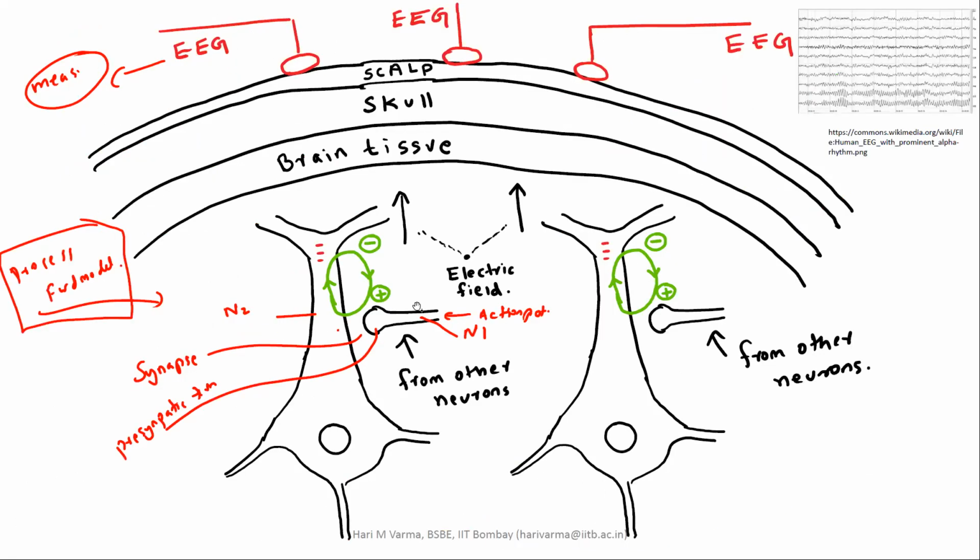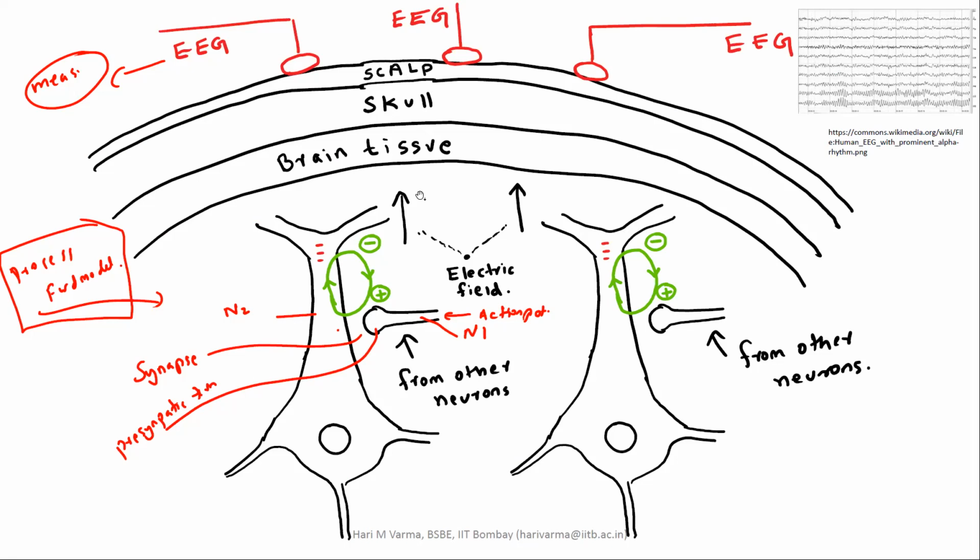With this information, you can see that several of these neurons are stacked parallel to each other, with the dendrites facing upward. Then there are dipoles happening here, and these electric fields will have their effect in the scalp region by something like a vectorial sum, because there can be slight differences depending on spatial localization.